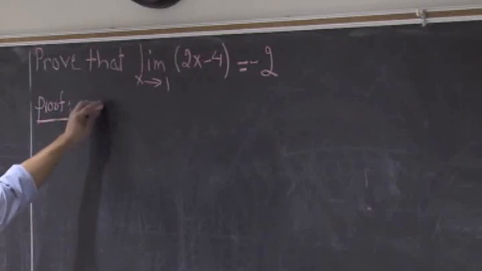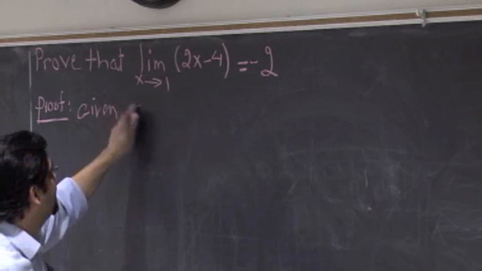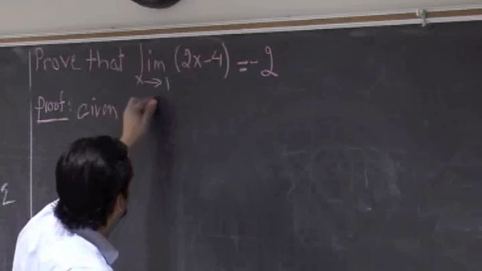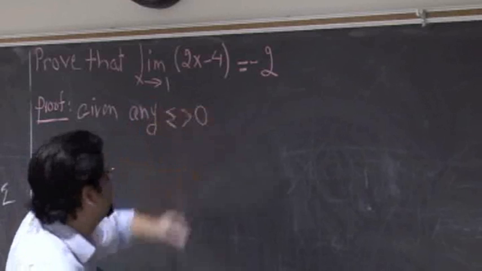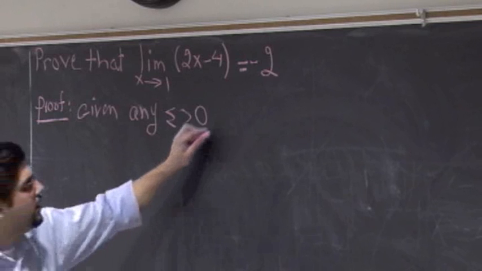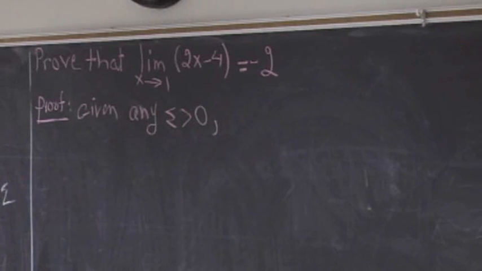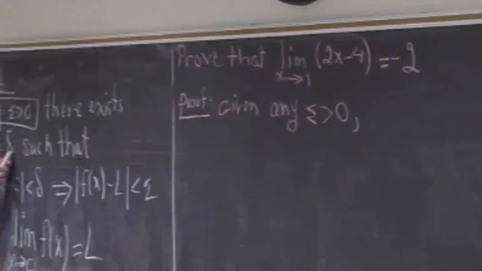I start the proof by saying, remember that thing about being as close to the limit as you want? So the words "given any positive number epsilon" need to be there. Then the next part is, there exists a number delta.